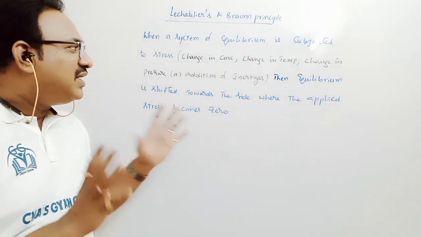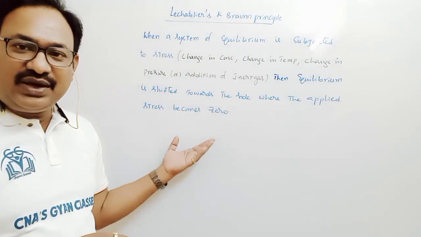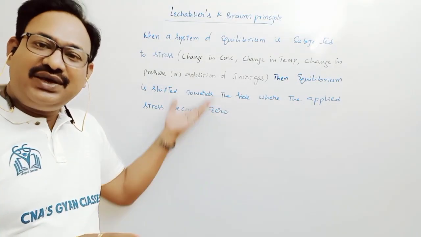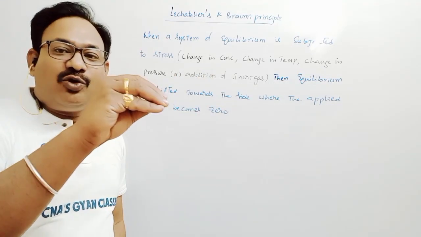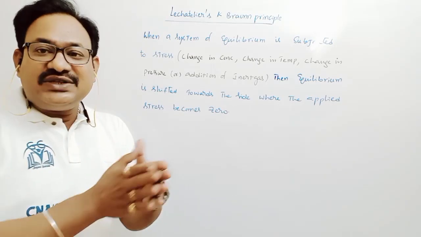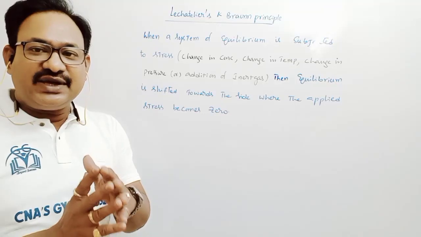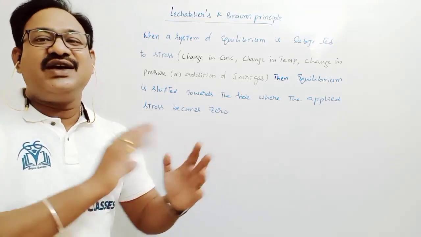See, for example, I'll explain one by one point wise so you can get it easily. Here, how are we understanding it? If you made some change on the equilibrium, then equilibrium will shift towards reactant side or towards product side. By going where will that change become zero, it goes to that side.